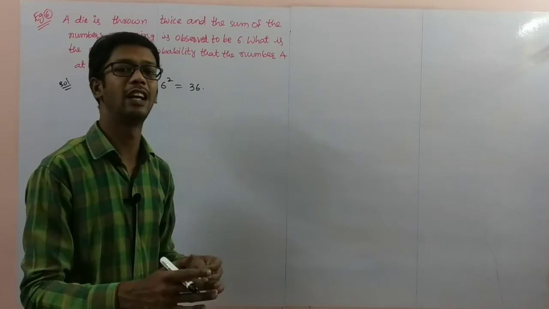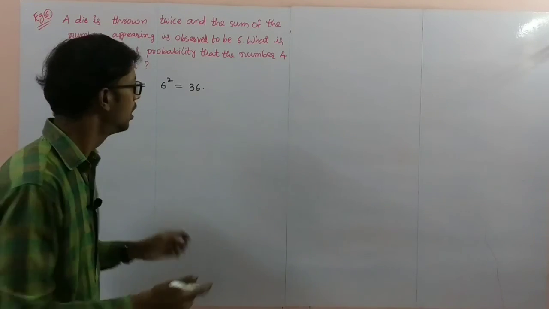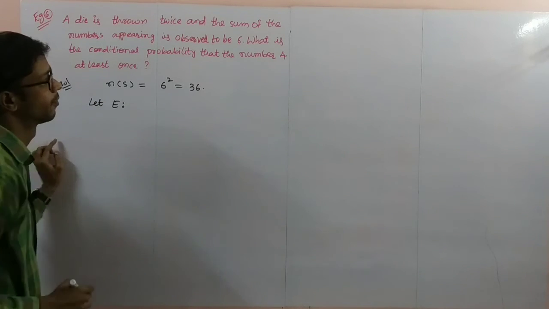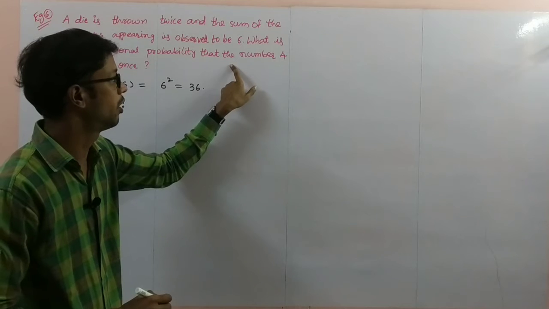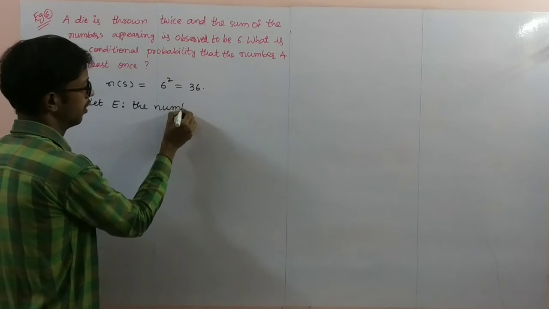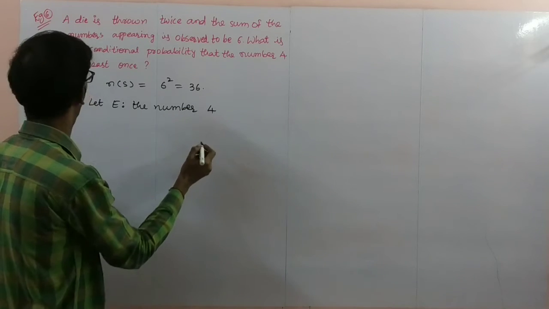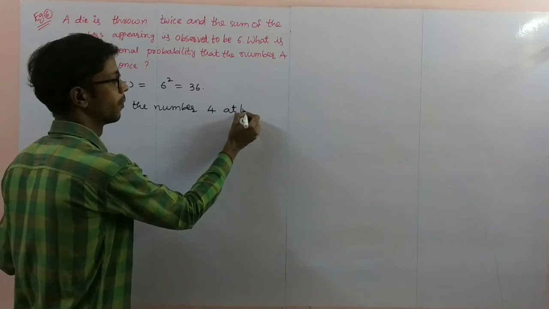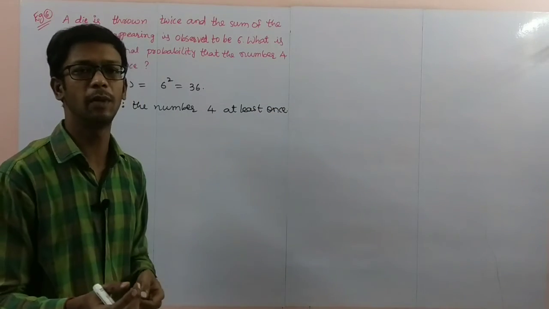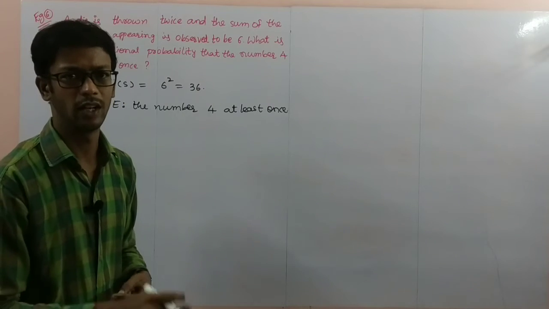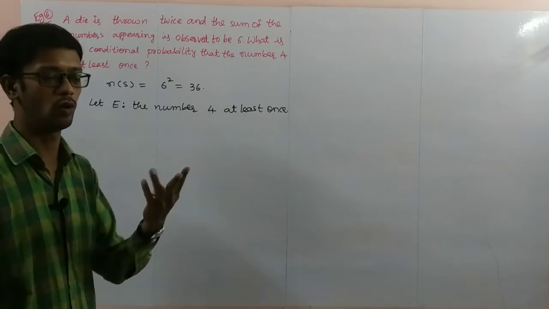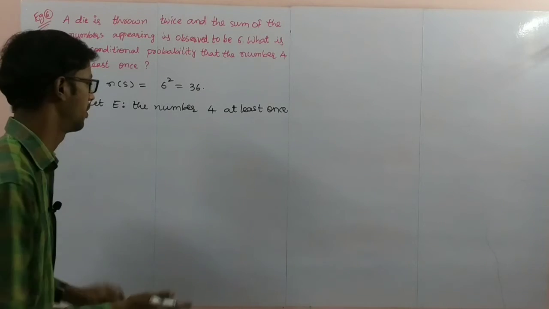Given means you have to take it as F. So I will write: let E be the event whose conditional probability you have to find, the number 4 at least once. At least once means maybe 2 times also. At least means minimum 1 time, maximum 2 times. Here with 2 throws, maximum 2 times is also possible.